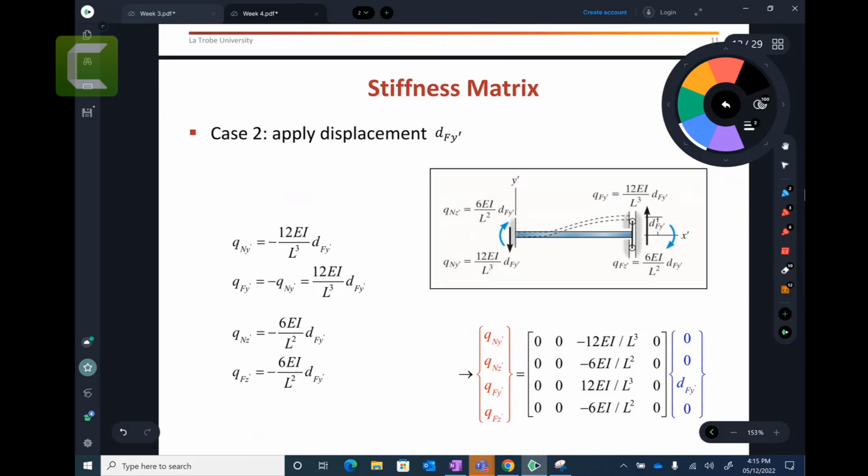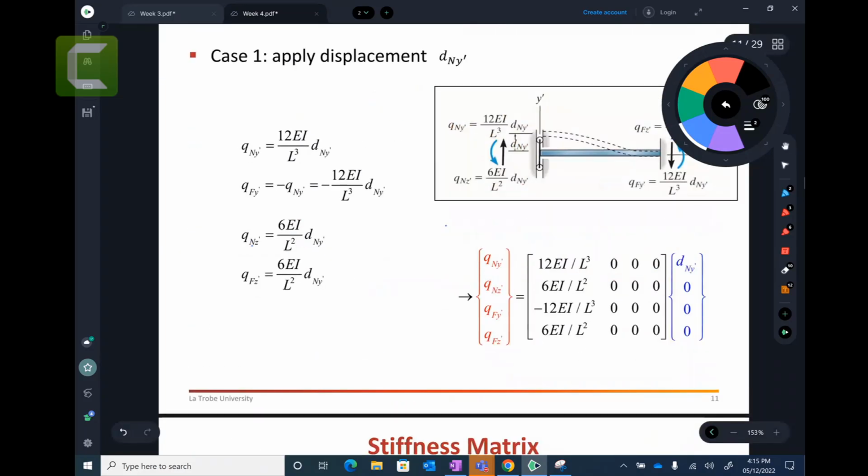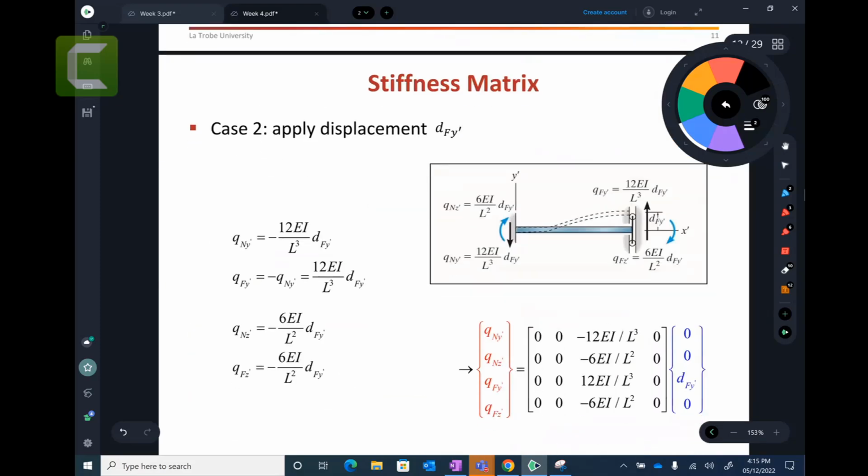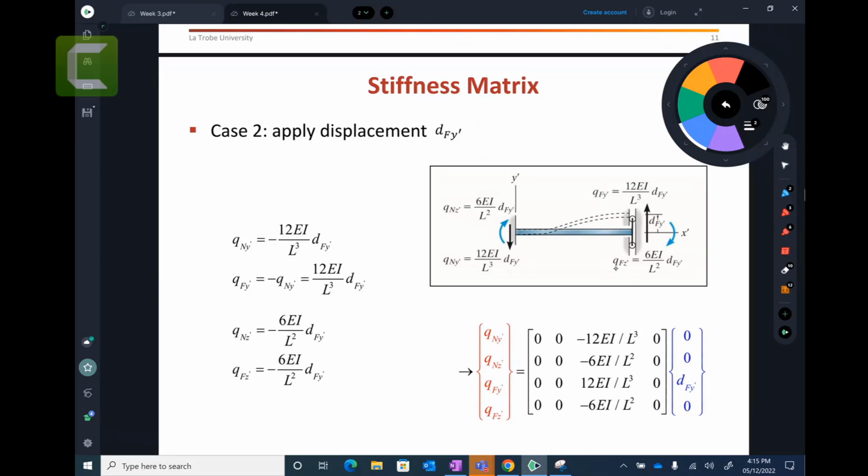Now, what about the next one? I can fix this one and make the opposite. I will fix this one and make the slider here, so in that case your far node is going up. Let's say I want to apply the 1 unit force.